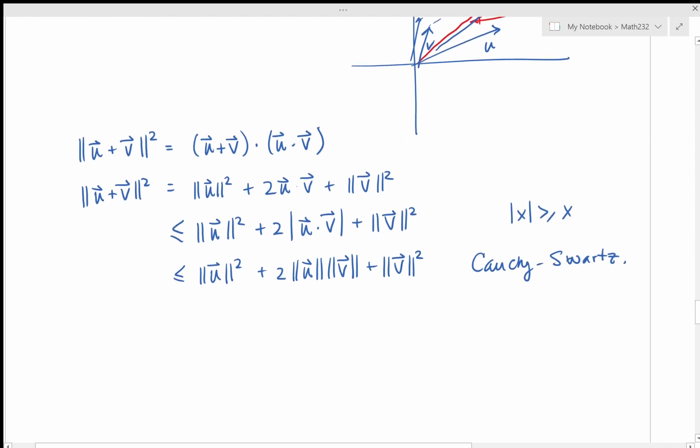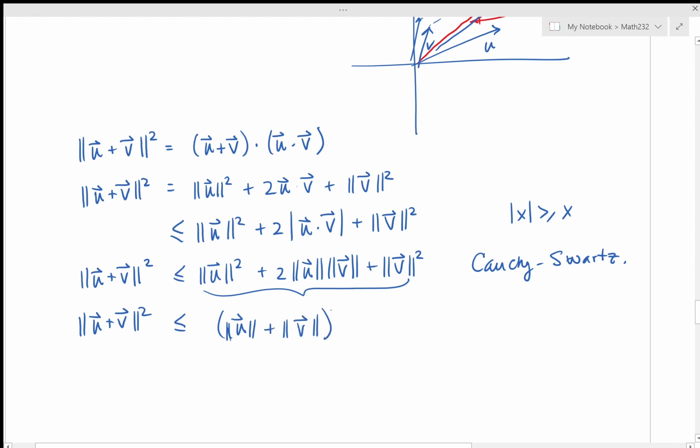Okay, all right, and here I still have the norm of u plus v squared. Okay, and then I can simply combine these things here. I'm going to rewrite this, squared.